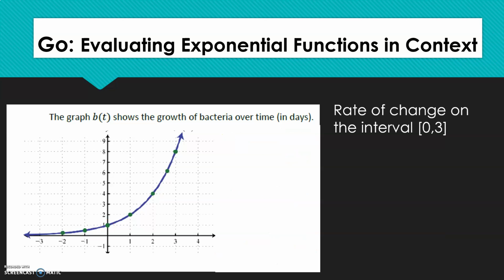Now we're going to take a look at the rate of change on an interval. Notice our graph is an exponential function. We want to find the slope between 2 points, specifically the points where t equals 0 and t equals 3.